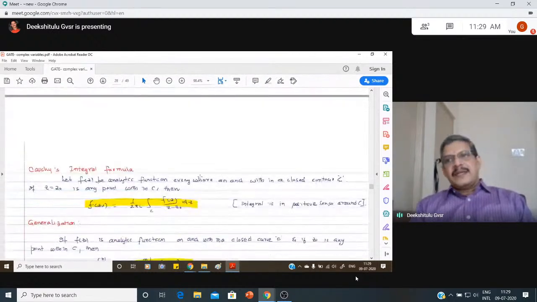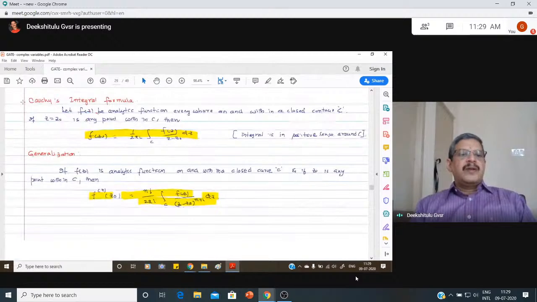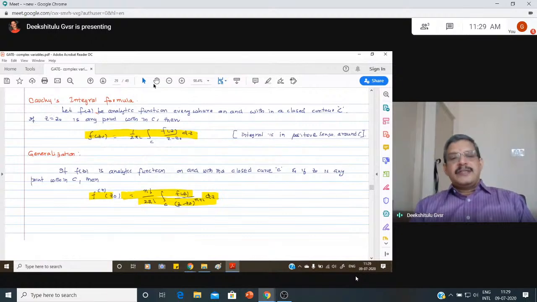So for that type of function, we have to learn Cauchy's integral formula. This will be helpful to solve those integrals. Let f of z be an analytic function everywhere on and within a closed curve C. If z is equal to z naught is any point within C, f is analytic in the region, but in the denominator there is a point giving us a problem, z minus z naught going to 0.